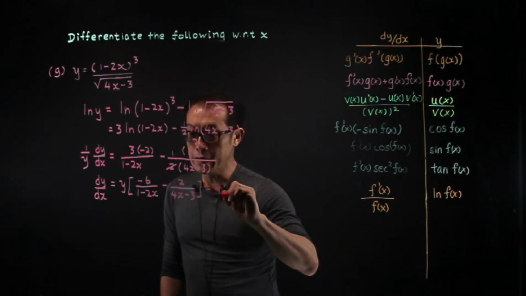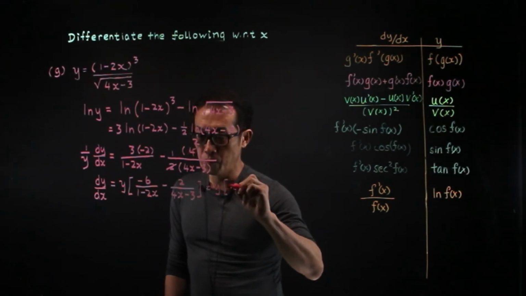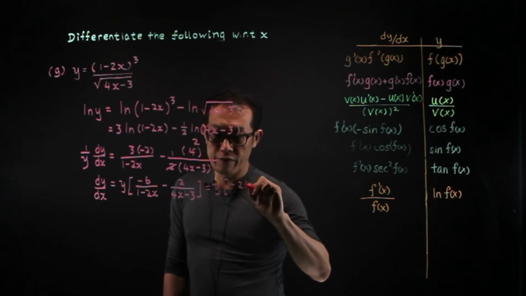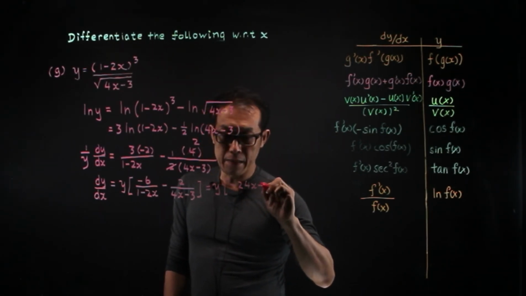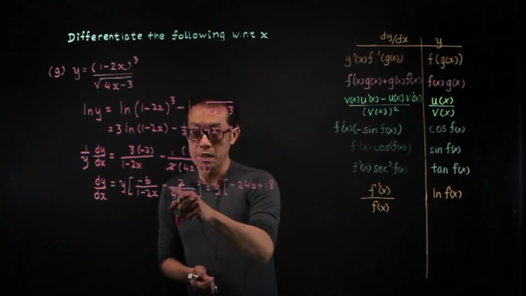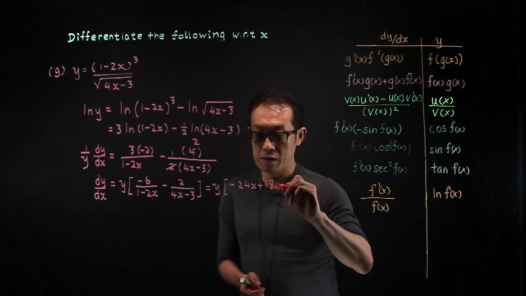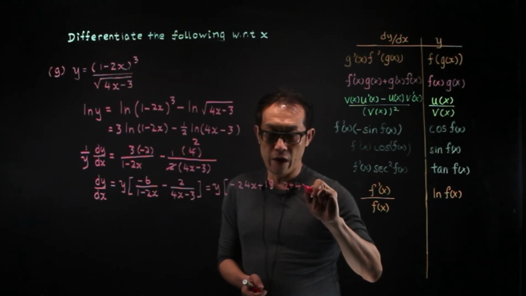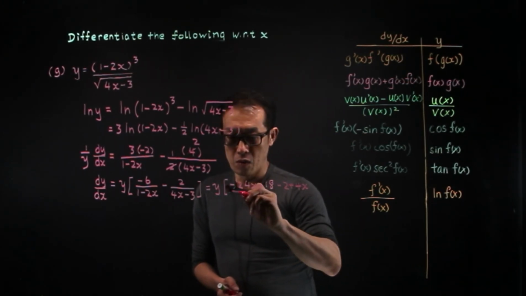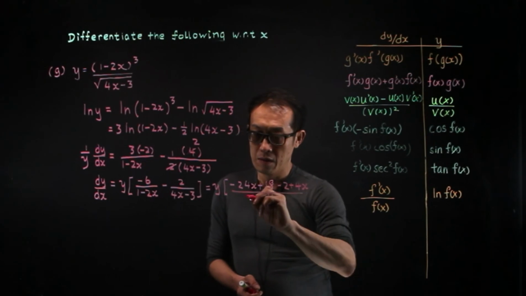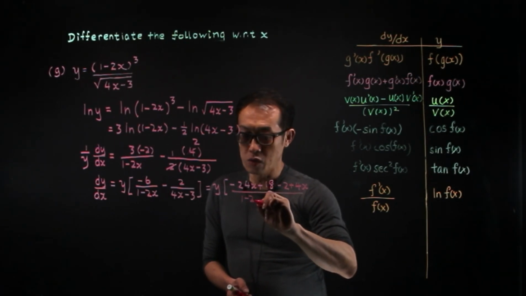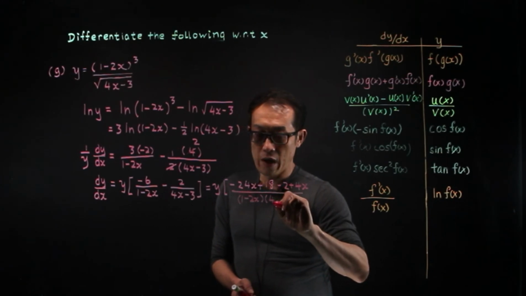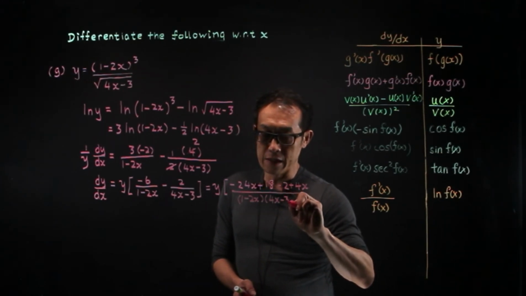So I get y into (minus 24x plus 18, and then over here I get minus 2 plus 4x) over (1 minus 2x) into (4x minus 3).